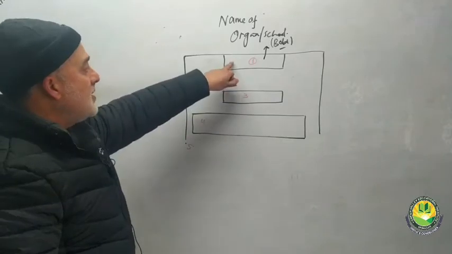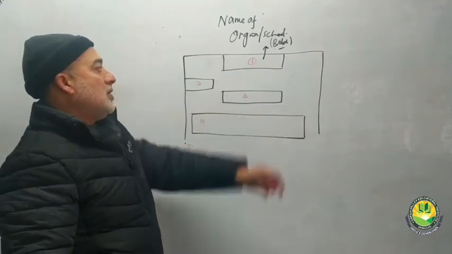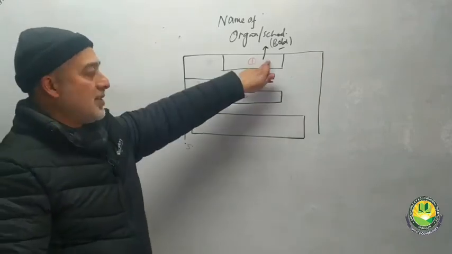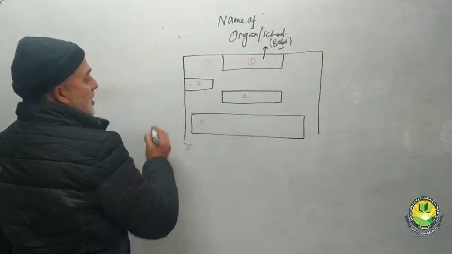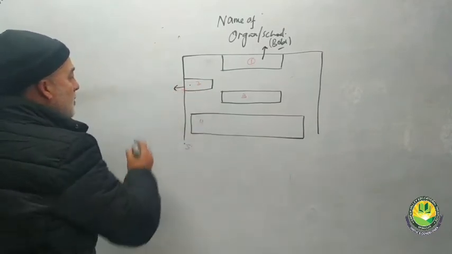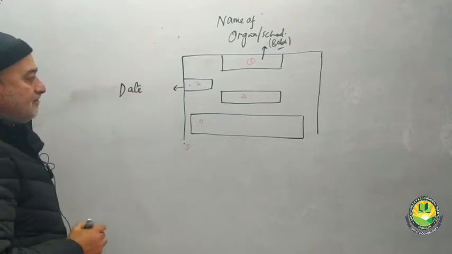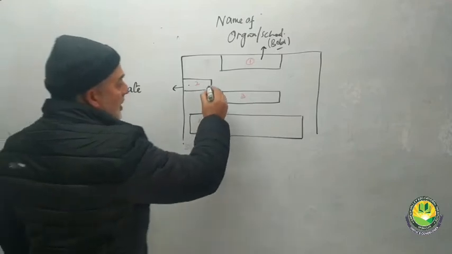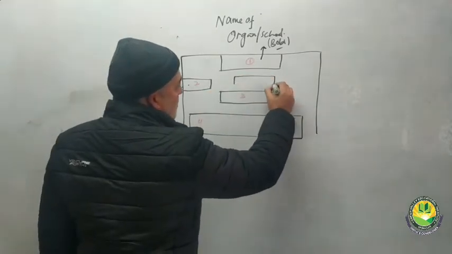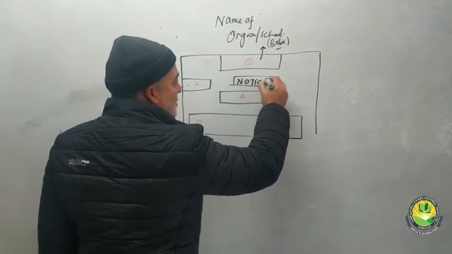So this section is meant to write the name of the organization, the school or the authority that is issuing the note, in bold letters. After that, come to this section. Write down the date. Very important, in this section, write down the word NOTE in capital letters.